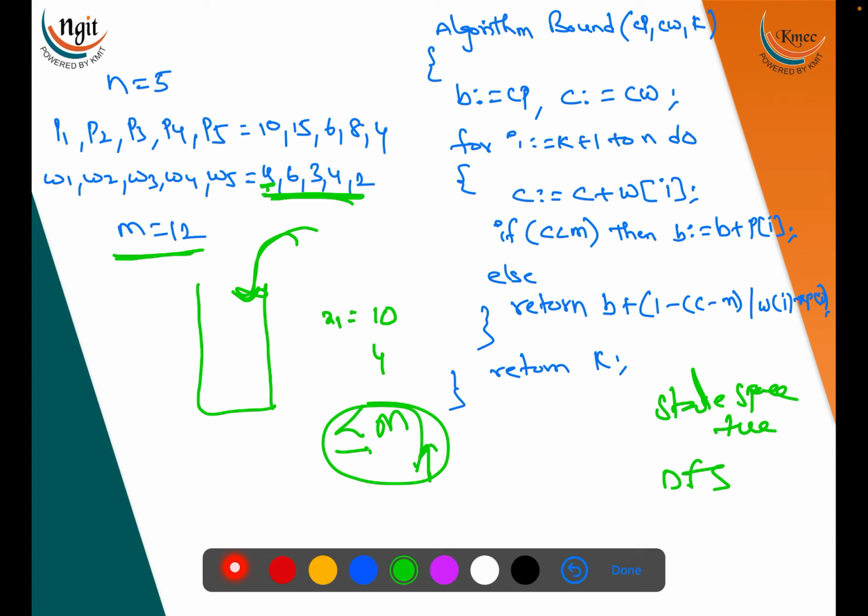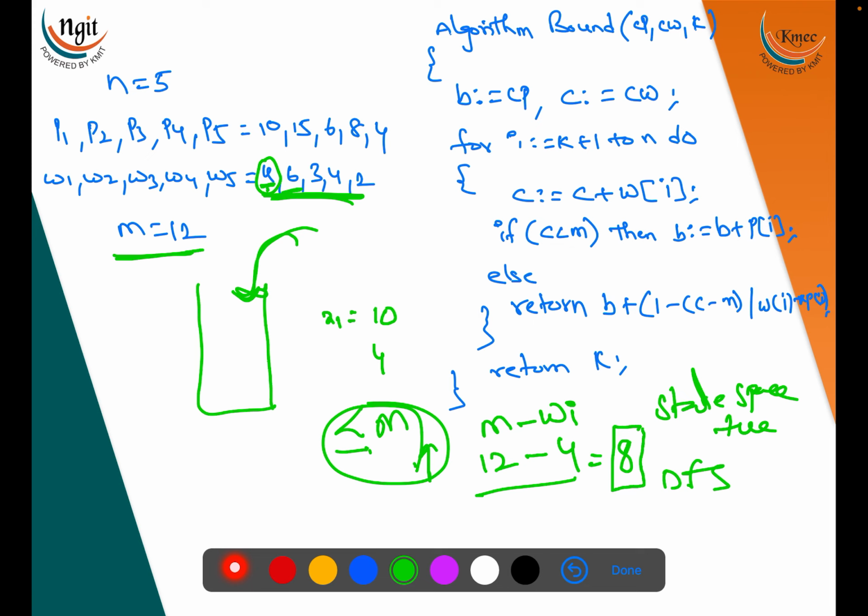Now, how much more weight can you still keep? The remaining bag capacity is M minus wi. M is 12, wi is 4, keeping in mind that I am placing the first object. Now it will be 8. So 8 more kgs are left to place inside the bag.